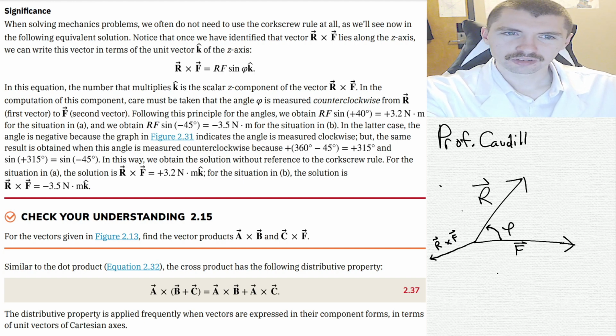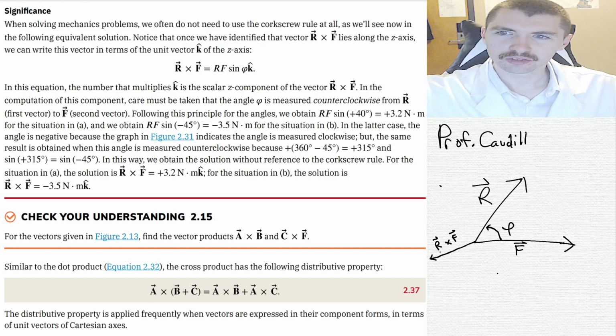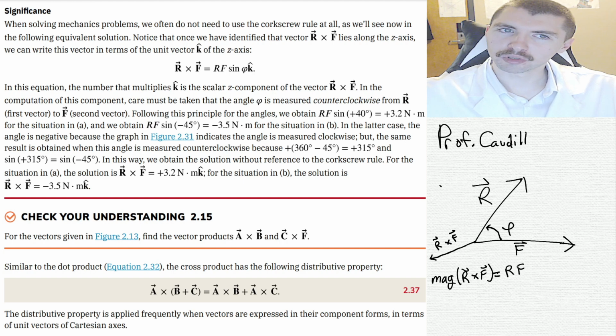So this expresses it as a whole vector. If you're talking about the magnitude of r cross F, then that is the multiplied magnitudes of each times the sine of this angle.